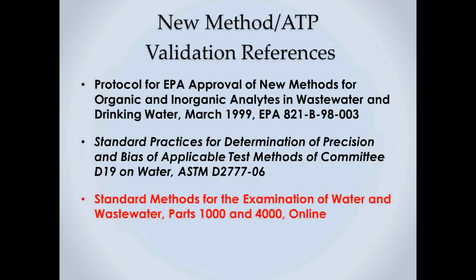So that's ASTM D2777-06. We also utilized standard methods for some of the classical percent recovery. So Standard Methods for the Examination of Water and Wastewater, Part 1000 and Part 4000, because ammonia falls under Part 4000.